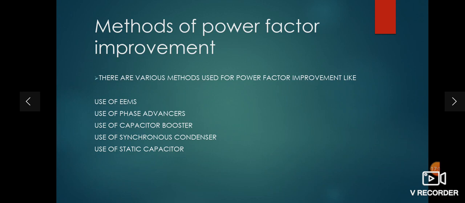Phase advancer means an AC exciter is placed on the three-phase induction motor shaft which excites the rotor winding, so it is called a phase advancer. Then another method is the use of a capacitor booster. Capacitor boosters are basically used to improve the power factor of the transmission line.